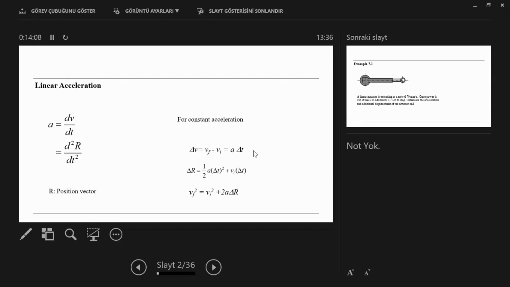Let's use this one. 0 equals 17 squared plus 2 times minus 100 times delta R. So delta R is equal to minus 17 squared over 2 times minus 100, so over 200.